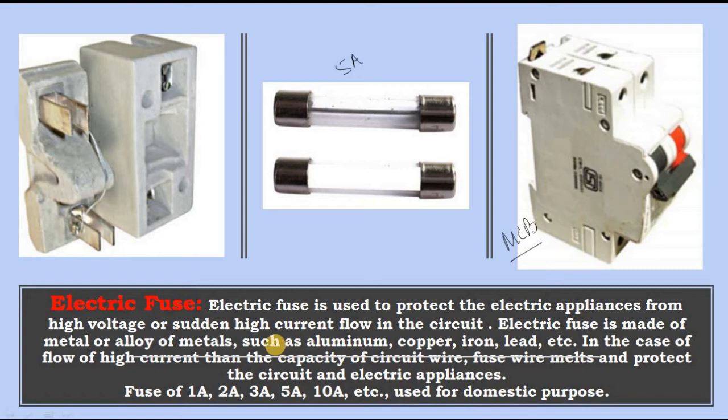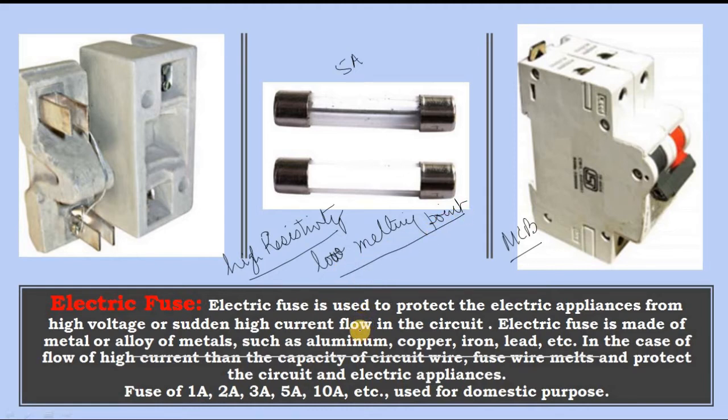The only property you have to keep in mind is that the fuse should have high resistivity than the circuit wire and a low melting point. High resistivity and low melting point than the circuit wire.